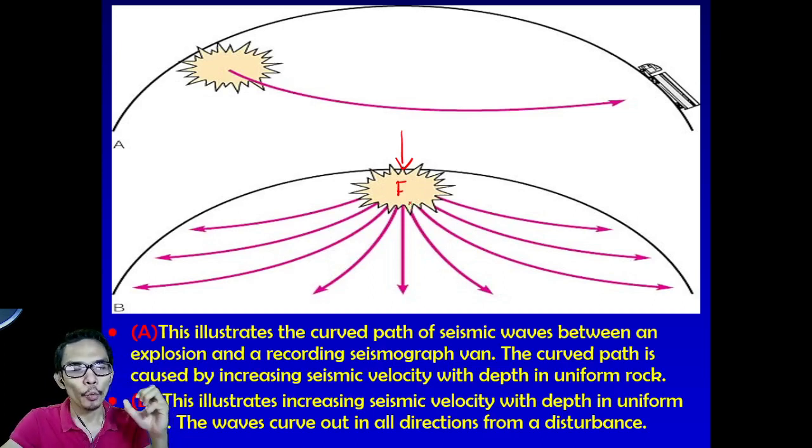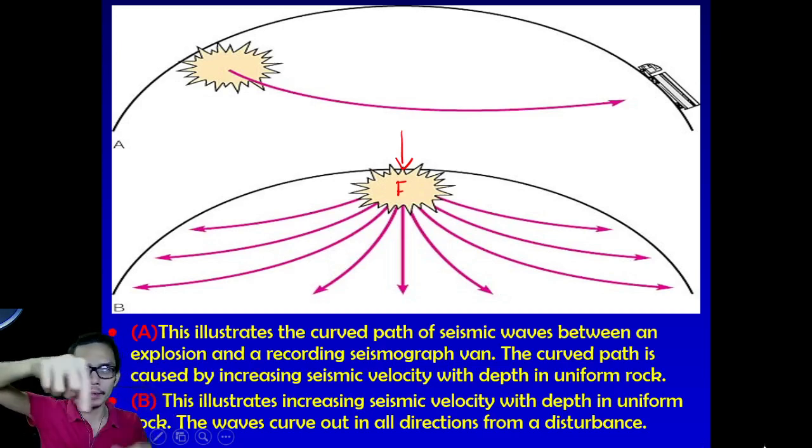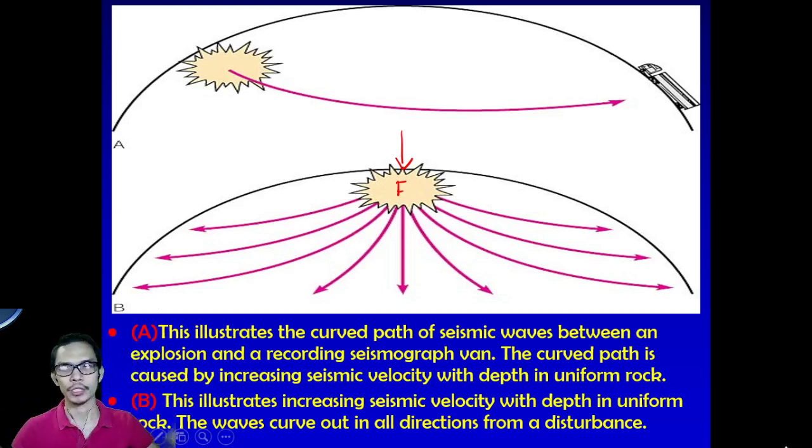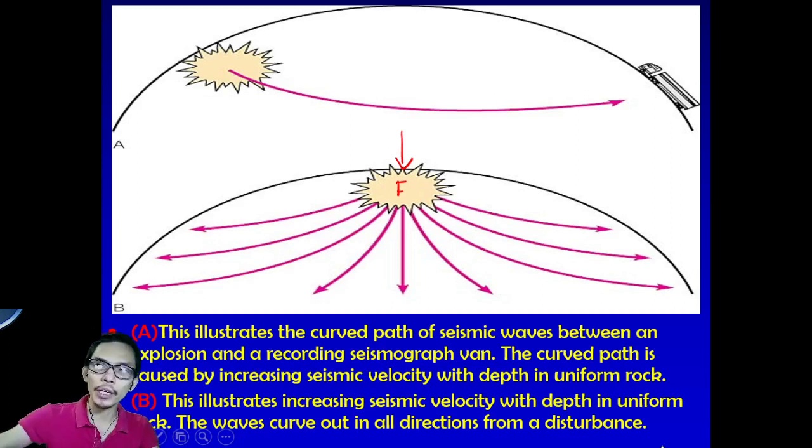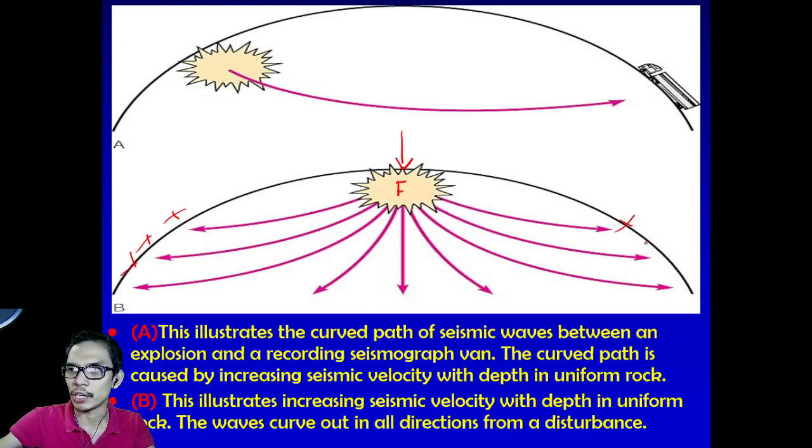Just like when you throw a stone in a pond, the water wave will start where the stone landed and spread outward from the center in all directions. The seismic wave is similar to that. When there is an earthquake, the seismic waves are transmitted in all directions.